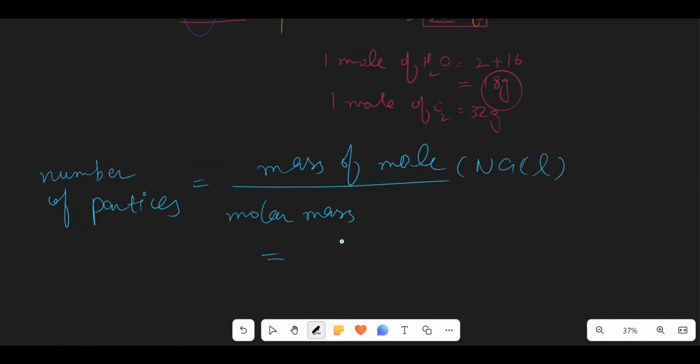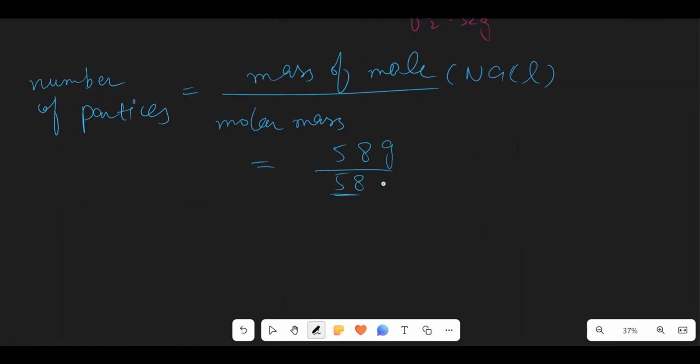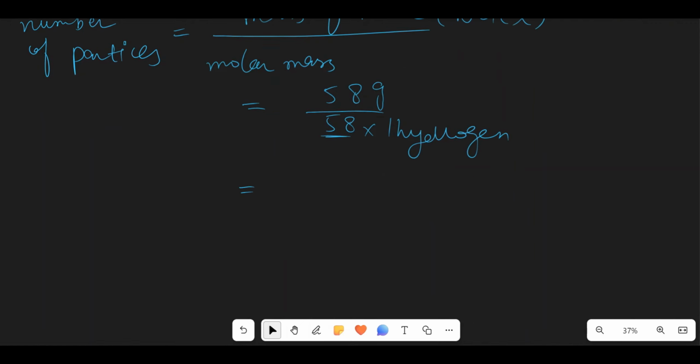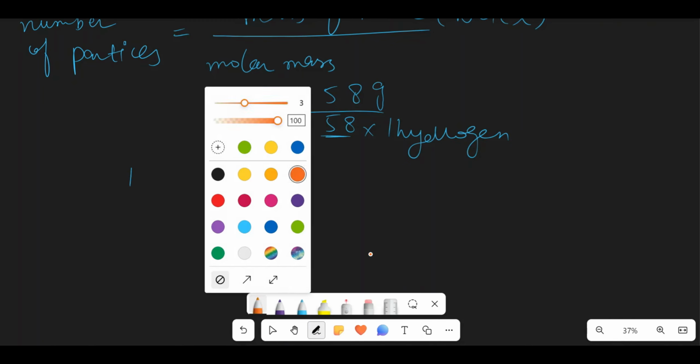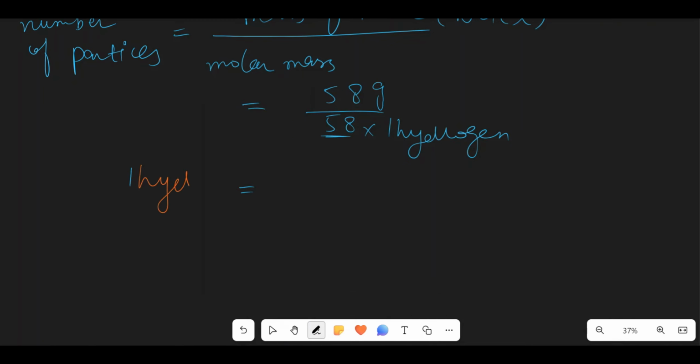Let's say we are talking about NaCl, so that becomes 58.5 grams divided by the mass of one hydrogen atom, since this 58.5 is about 58 times more than one hydrogen atom. You probably know that the mass of one hydrogen atom is 1.67 into 10 to the power minus 24 grams.